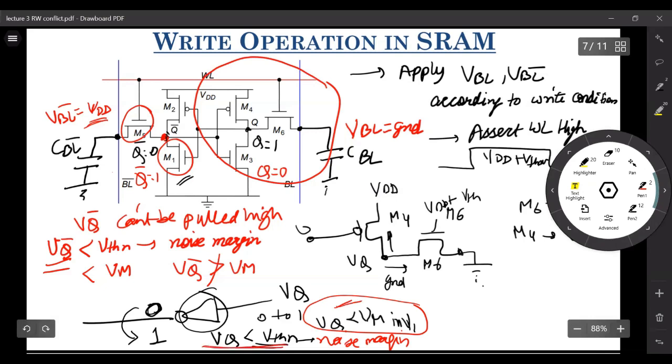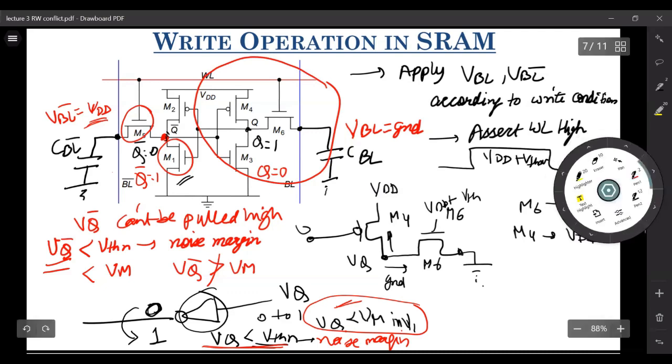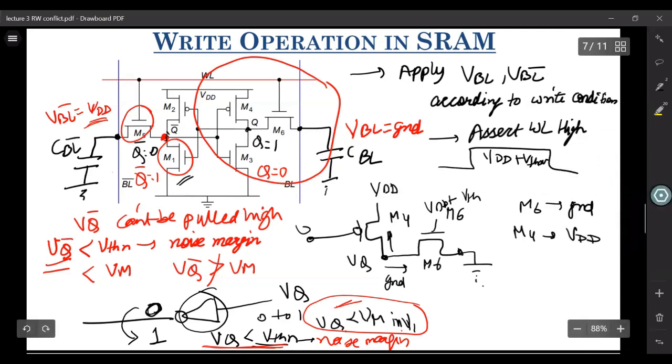So you design your sizing of this M4 and M6 such that if your VQ is less than VTHN, you'll have enough noise margin to operate as well. That is how it works. That is why in your West or Radar, you'll find that everywhere they talk in terms of the threshold voltage of the NMOS. Whereas even if you reduce it below the switching threshold voltage of your butterfly curve, it also works perfectly fine.